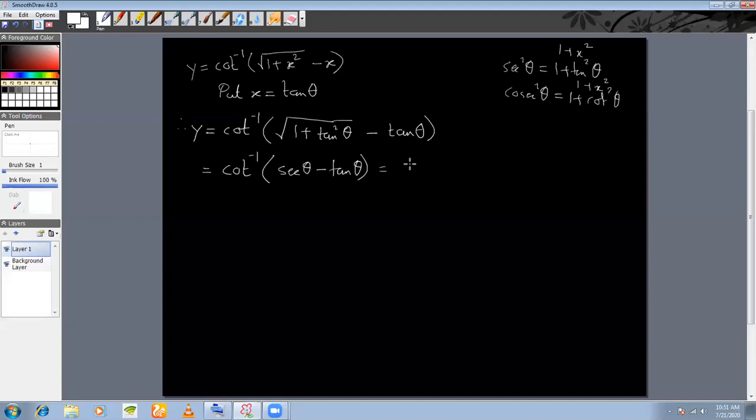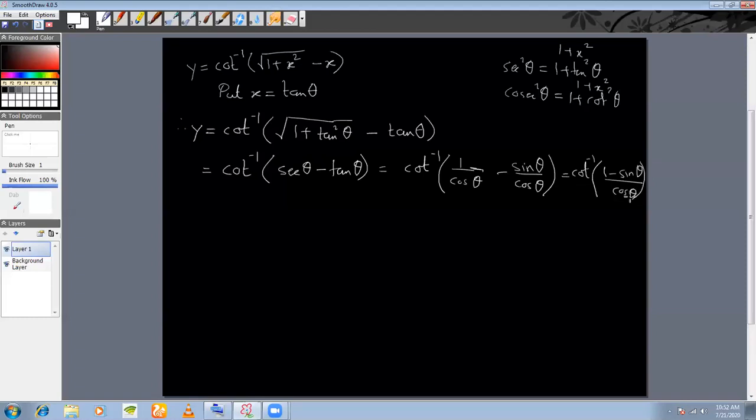So now you change sec to cos: 1 by cos theta minus sin theta by cos theta. Now you take the LCM, you get cot inverse of 1 minus sin theta divided by cos theta. Now how to deal with this?